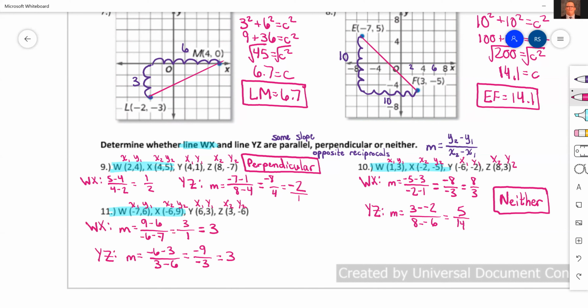So if we look at these two slopes, they are the same, which means these two lines are parallel.